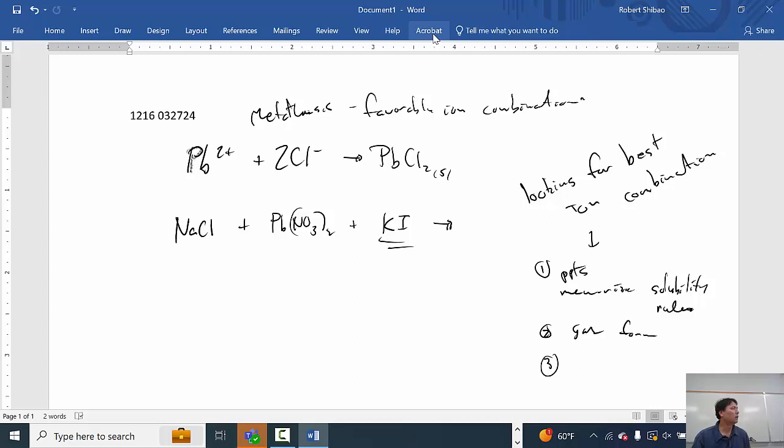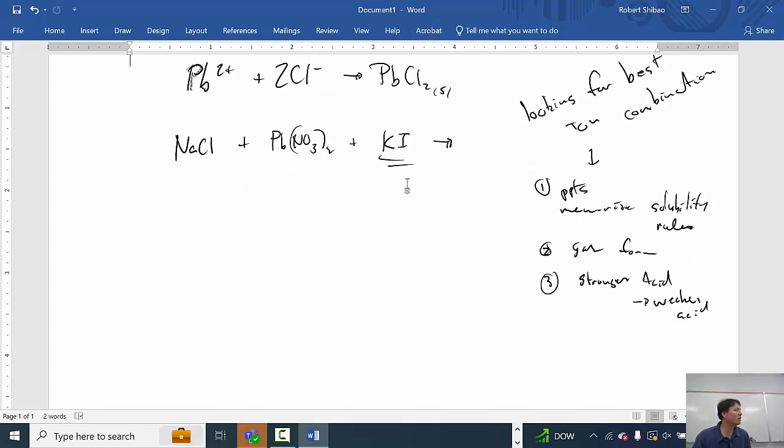Not strong. I'm careful not to say strong because it doesn't have to be a strong acid. You know, there are 7 common strong acids. It just has to be a stronger acid to weaker acid. For stronger acid to weaker acid, you're going to be given a table.